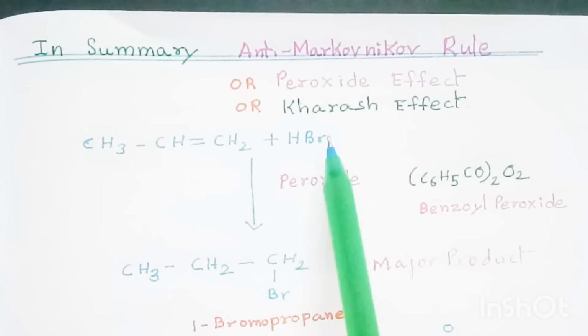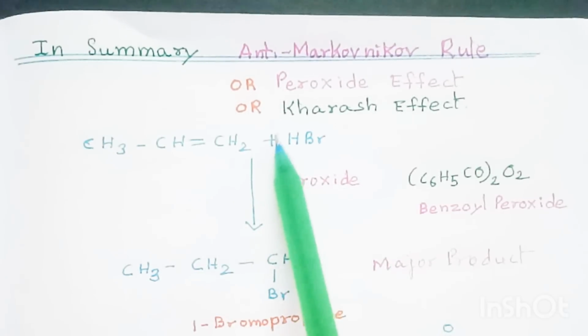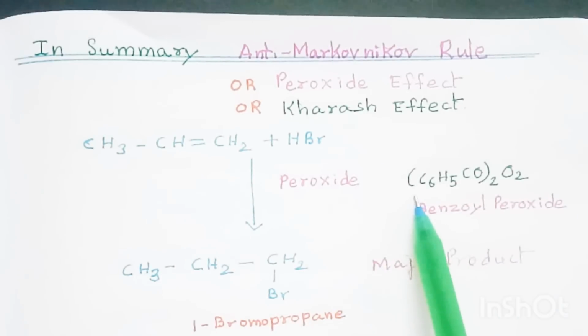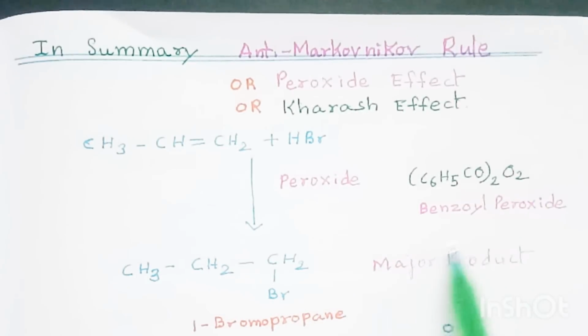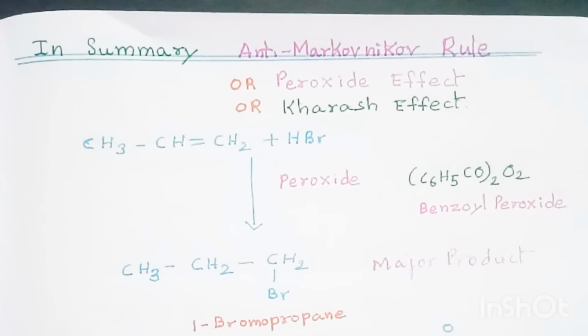CH3CH=CH2, that is propene, plus HBr in the presence of peroxide, that is benzoyl peroxide. We get this as the major product, 1-bromopropane, CH3CH2CH2Br. This is the major product.